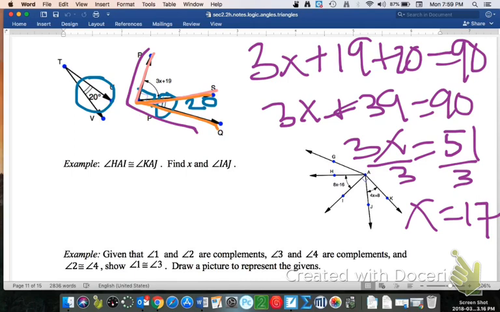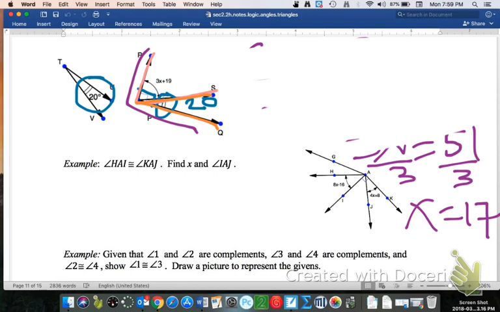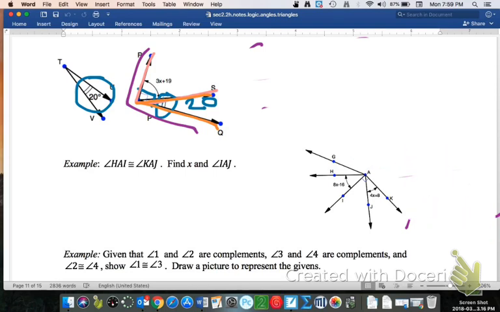Now if we look at the next one, I'm going to erase the work that I did up here so that we can see better what's going on in the picture, because I kind of went into the picture. Notice on this one, it says HAI is congruent to KAJ.